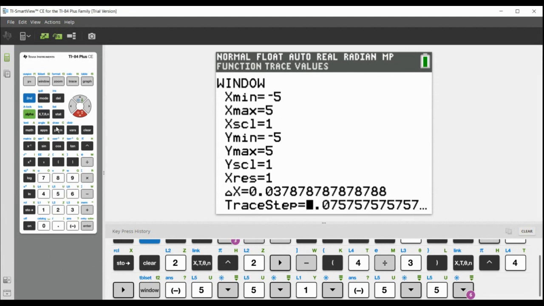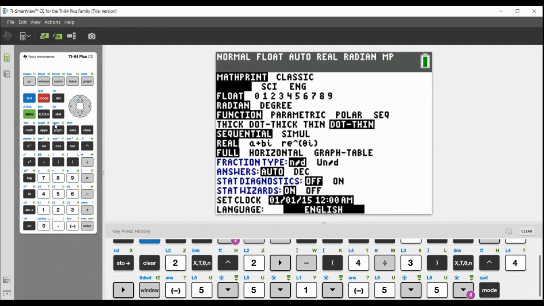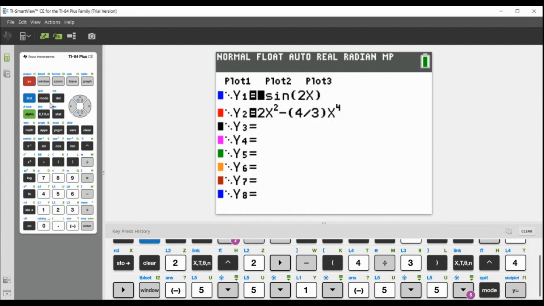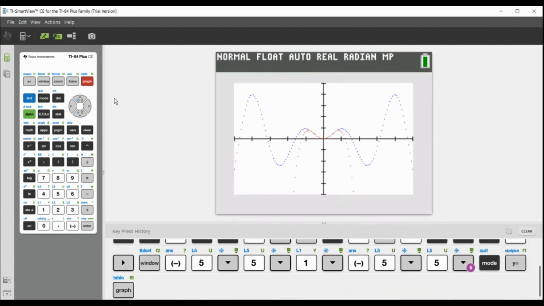Now, I'm not worried about delta X or trace step right now. On mode, I want to make sure my calculator's in radians. Good. Let's go ahead and do a graph of this. And there we go.